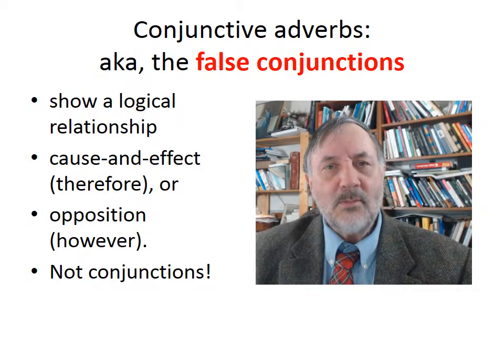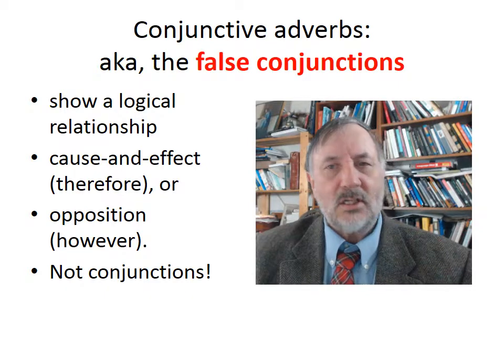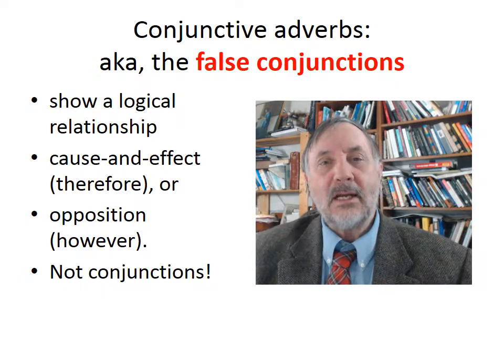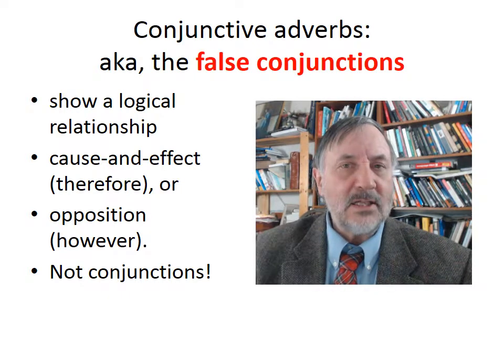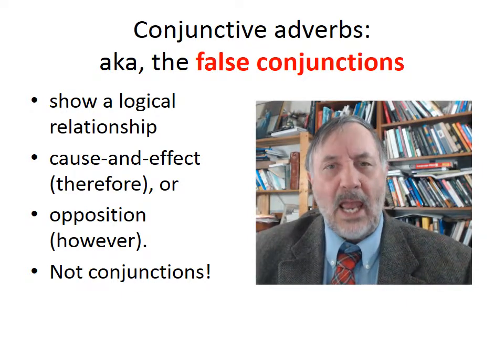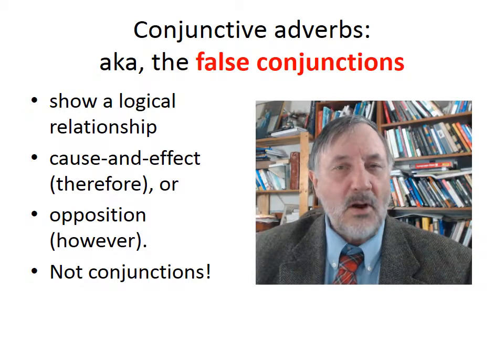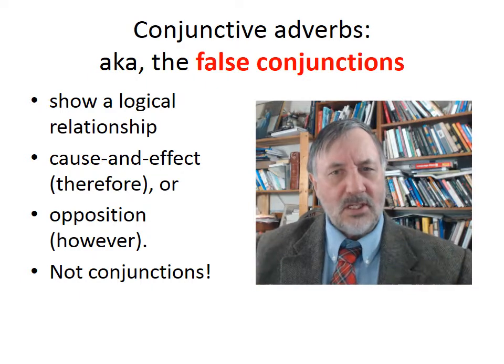But it is important to remember that they're not conjunctions, and you can't use them as conjunctions, because if you do, you end up committing probably a sentence error, such as the comma splice or the run-on sentence, which, as we stated a few lessons ago, is an egregious error, a very bad thing to do. Okay, so anyway, these are the false conjunctions.